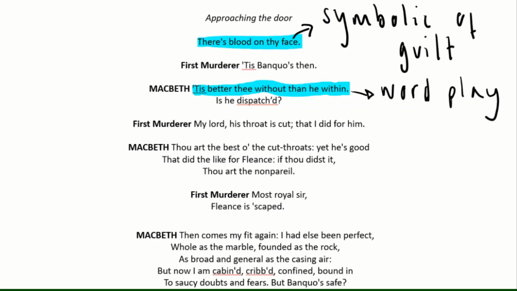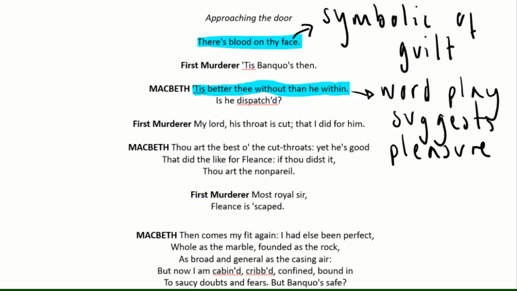So this almost suggests Macbeth's pleasure at not only Banquo's murder, but the visual reminder of that on the murderer's face. So wordplay suggests pleasure.